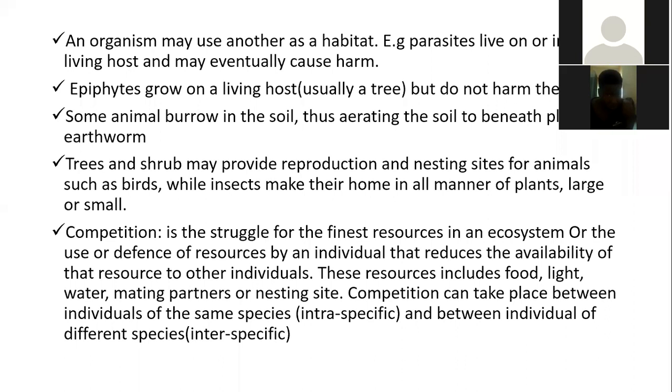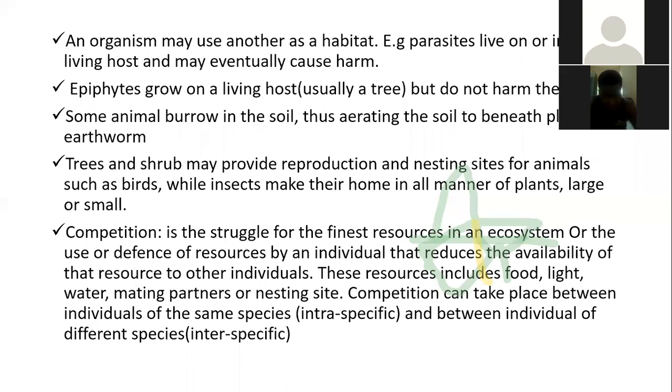Either you are using or defending resources by an individual that reduces the availability of those resources to other individuals. So in other words, when there is a particular kind of food in an ecosystem, one organism feeds on that food, preventing the other from enjoying more.